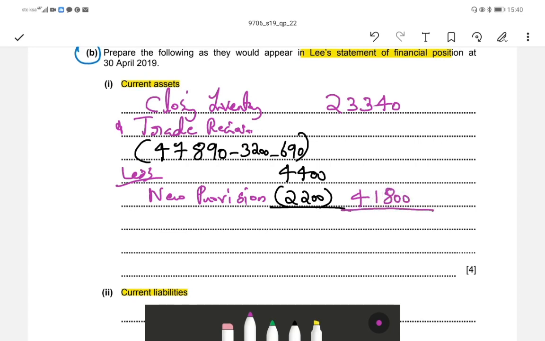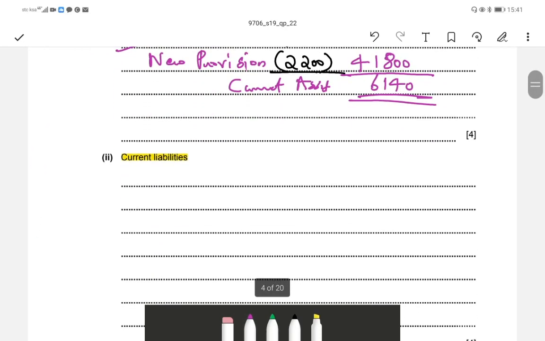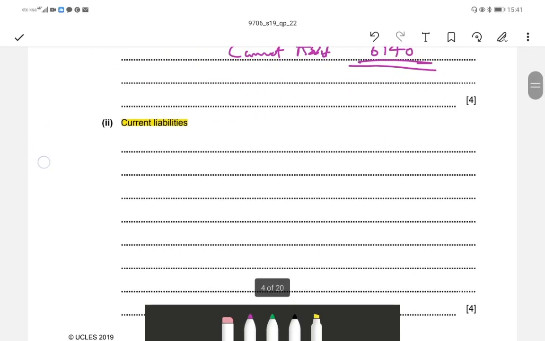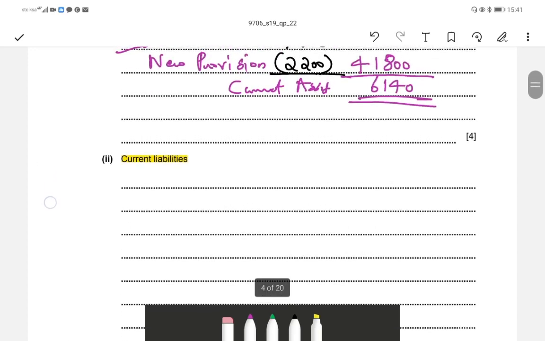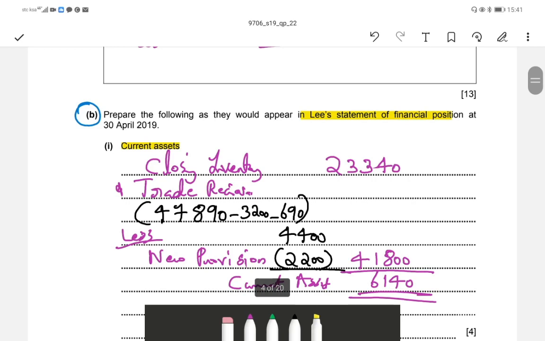So total current asset is equal to 6140. Are you clear? Next, current liability. How much is the current liability given in the question?